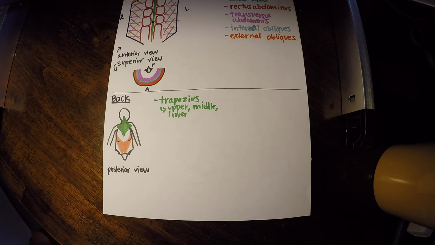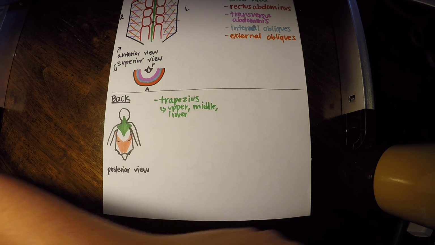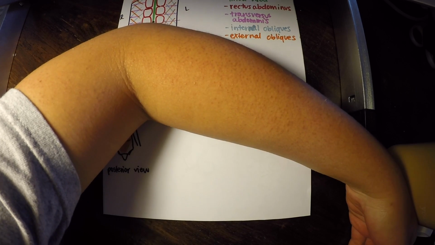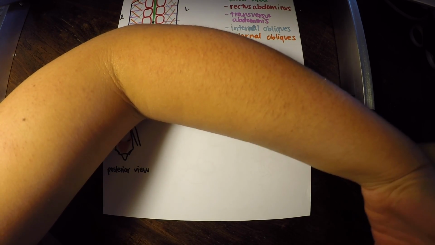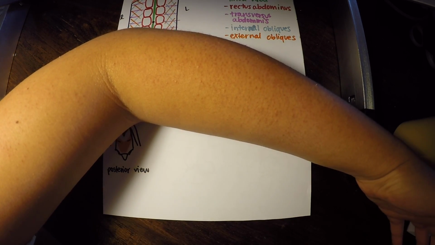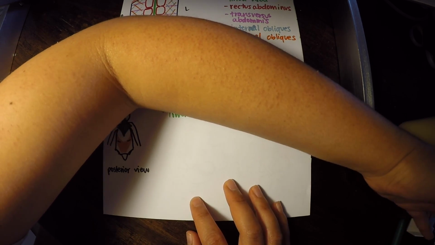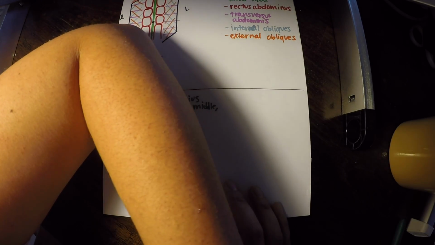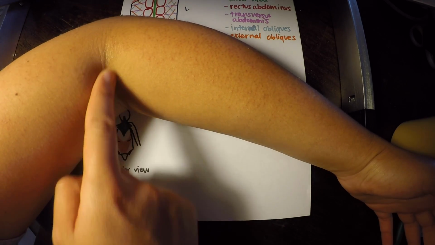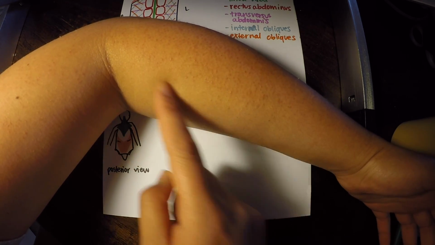Alrighty, so that kind of brings me to a new point. Whenever I'm talking about the action of a muscle, let me show you. I'm going to put my elbow in here. All right, so here's my elbow right here. You can kind of see my hand off to the side. If I'm flexing my elbow, I'm decreasing the angle right here in my elbow joint, okay?